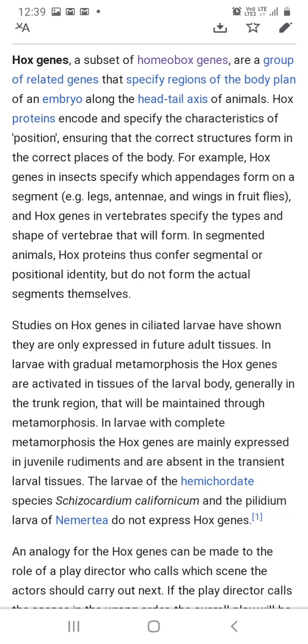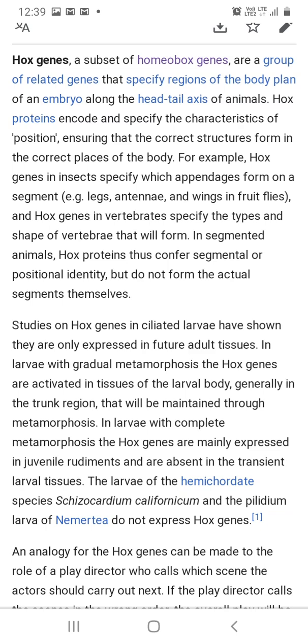Now, one is intrigued to ask the question, what is the function of homeobox? Homeobox are present in almost all eukaryotes.